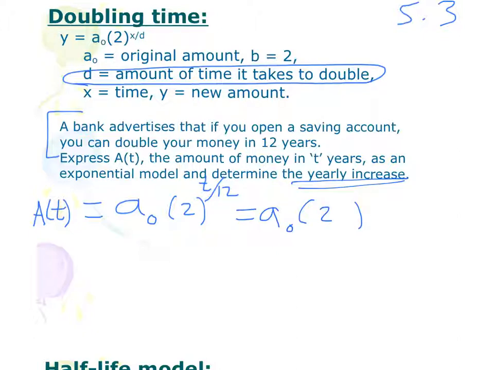Properties of exponents would allow me to take 1/12 and pull that inside the parentheses and keep it with the 2, and I could just leave the t on the outside. Well, if that's the case, out here, this is like t over 1, which would imply that d, the amount of time it would take to double, would be 1.